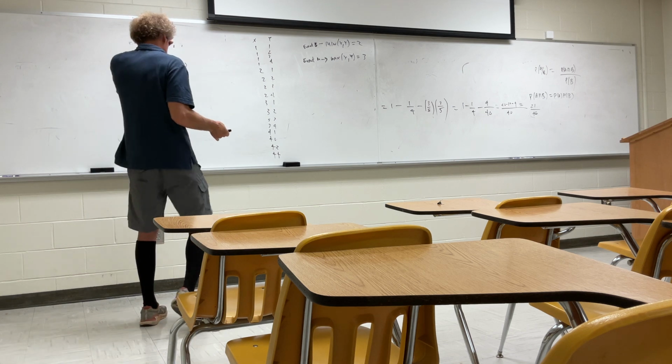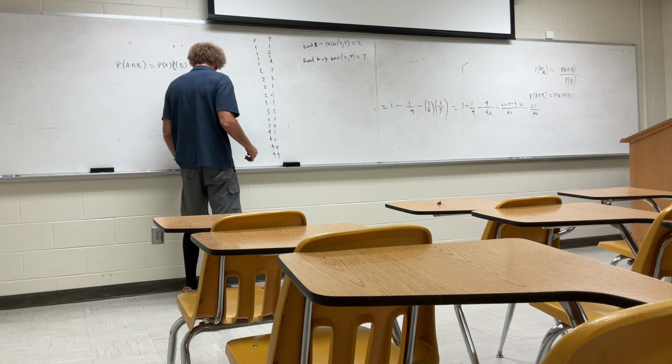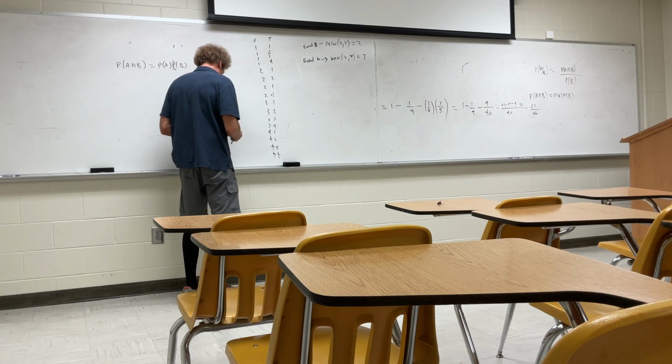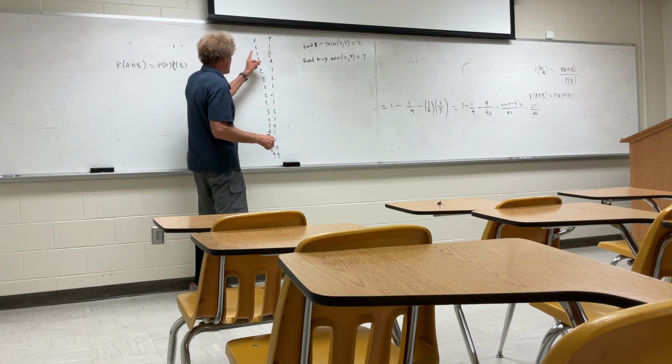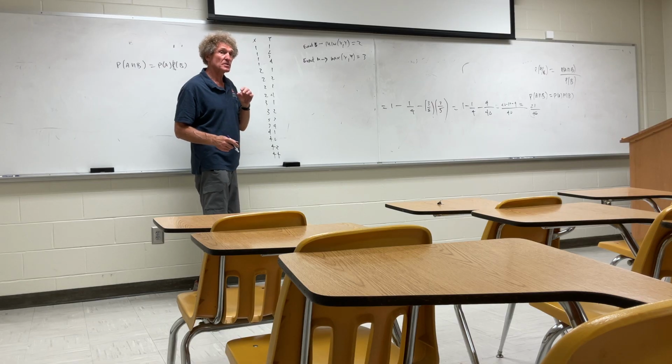If I look at this, I need to find out which ones have a minimum of 2. That means either of these has to have 2 as a minimum. It can be larger than 2, but the minimum is 2. In other words, it discounts anything where you got 1, 1. Y'all with me?